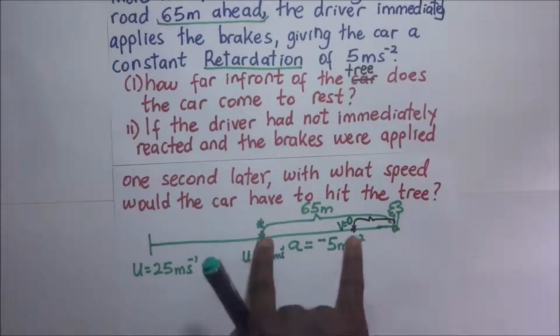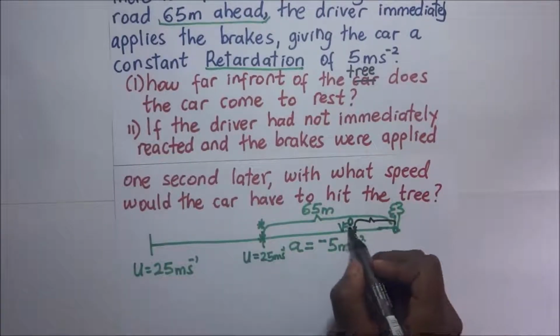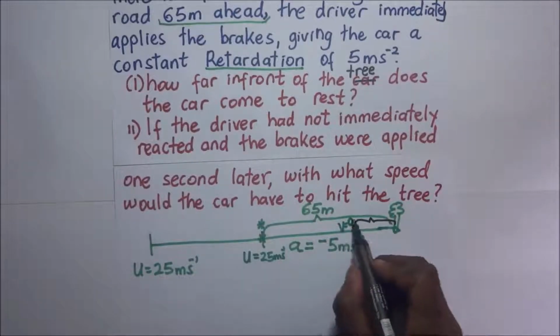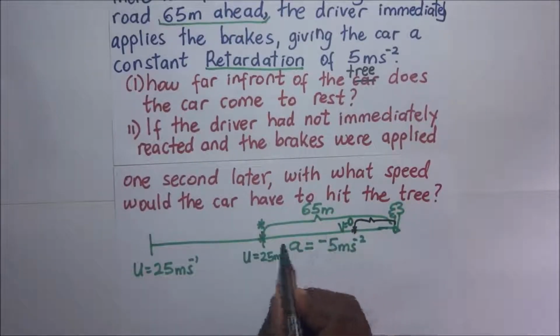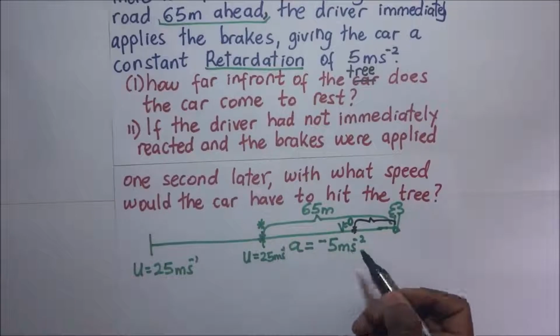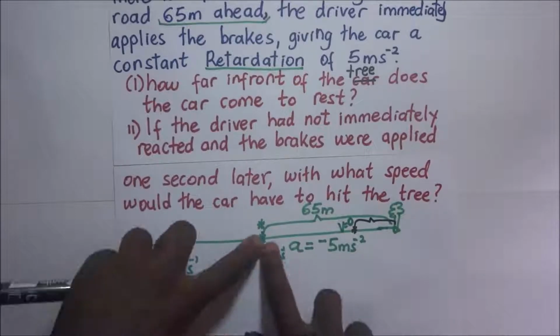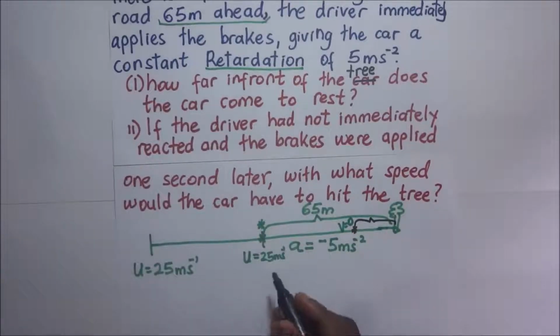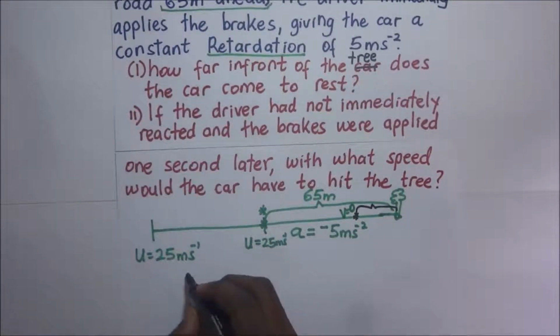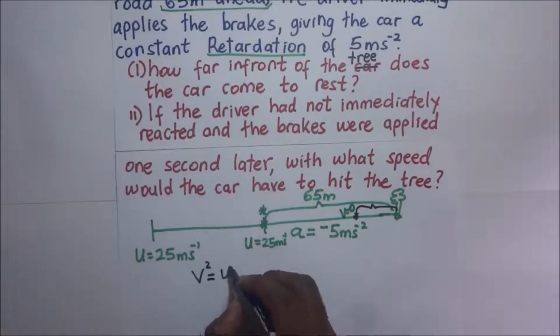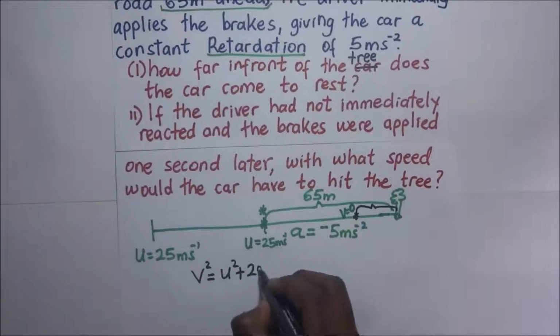So we need to find the distance covered when his initial speed is 25, his final speed is 0, and his retardation is 5 meters per second squared. So we'll get straight into the working. To get the distance he covered, we shall say v squared is equal to u squared plus 2as.